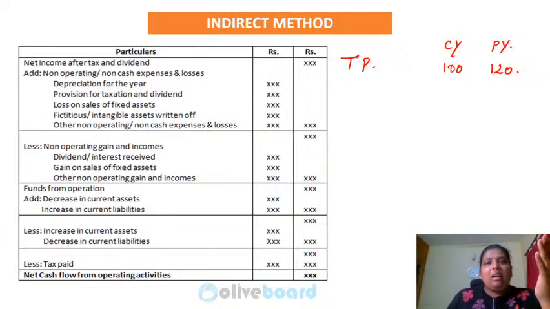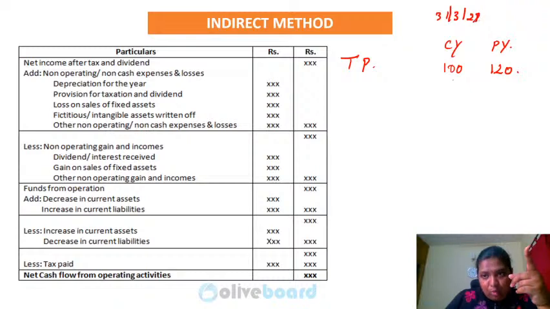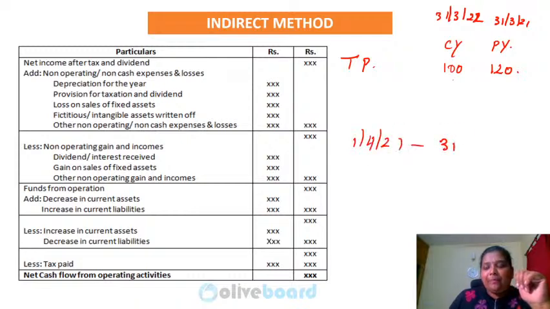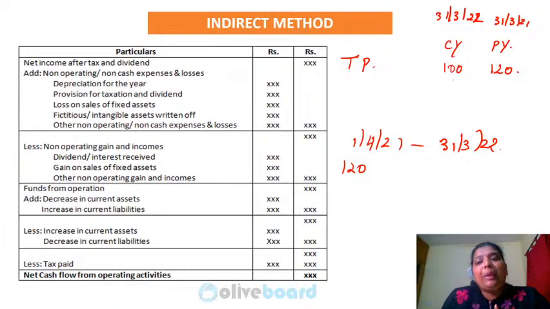The previous year's balance sheet always shows the balance as on that particular day, 31st March 21, and this is 31st March 22. So at the beginning of the current financial year I had a trade payable of 120. At the end of the current financial year, I have only 100.